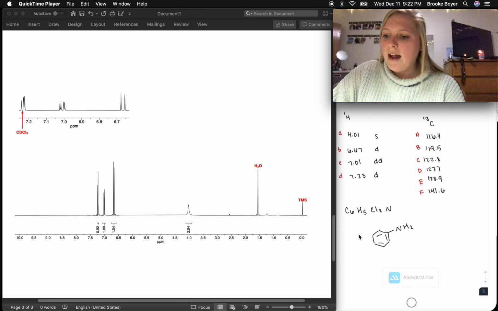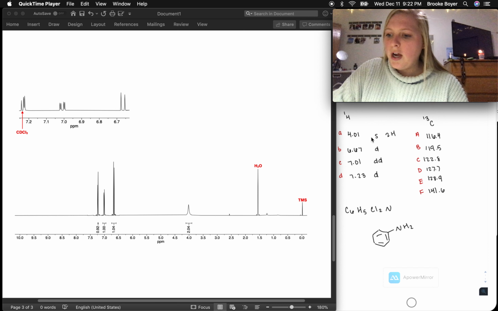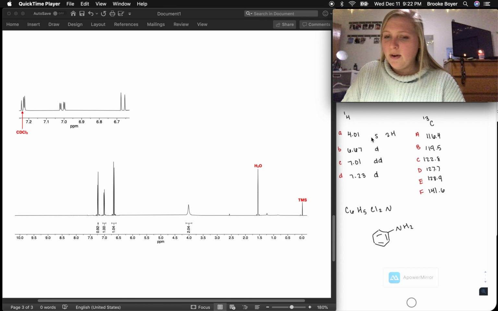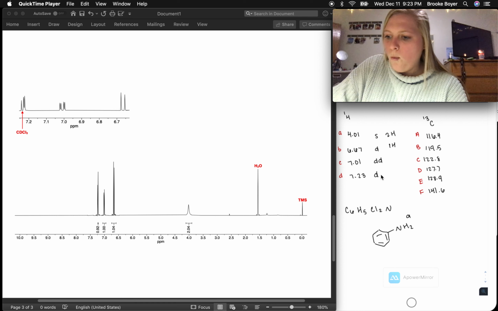And we know that this hydrogen right here has an integration of 2. It's also a broad singlet, so if it was these hydrogens here, it would make sense because it would have no neighbors. So we are going to say these are the A hydrogens, and then we have 3 more hydrogens left, each with an integration of 1.